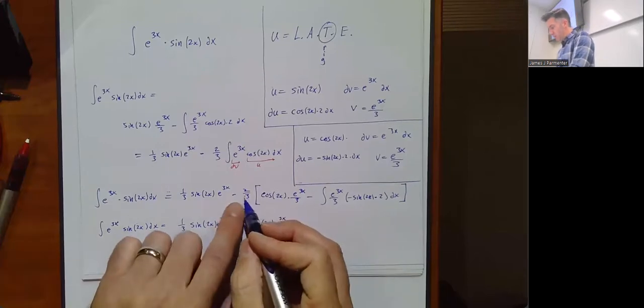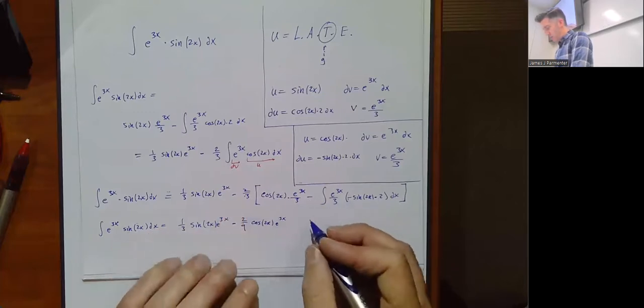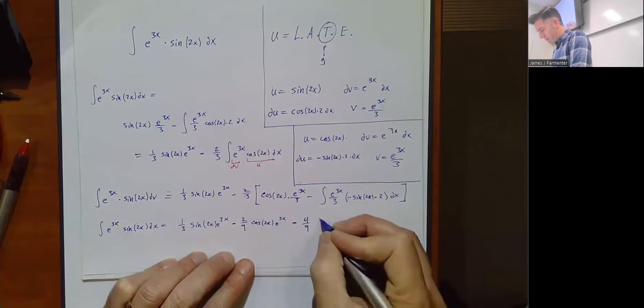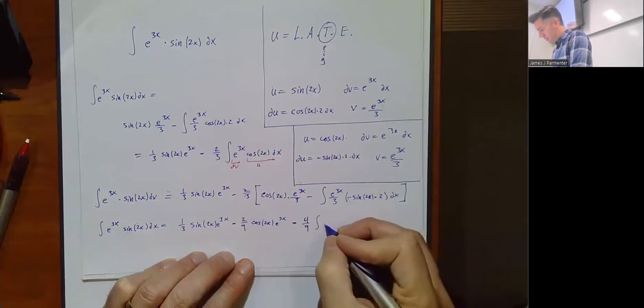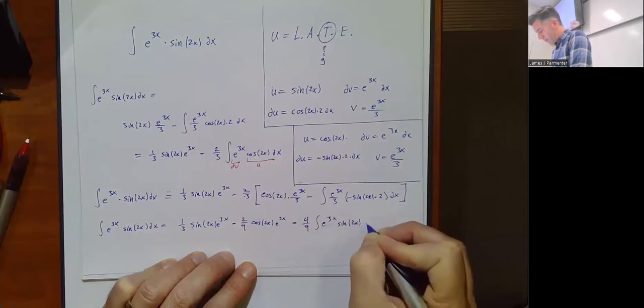And minus 2/3 times another minus 2/3 is going to be a minus 4/9 integral of e to the 3x times sine of 2x.